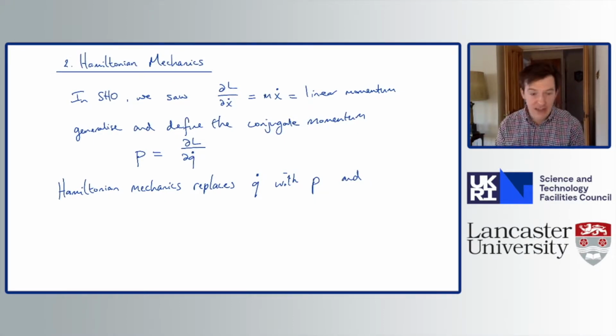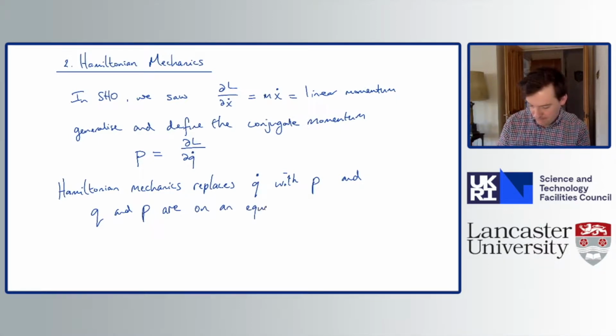Instead, we have P, and in Hamiltonian mechanics, q and P are put on an equal footing. In Lagrangian mechanics, q dot is just the time derivative of q. We see how it's related to q: you just take the derivative. In Hamiltonian mechanics, we really think of q and P as things that are put on an equal footing with each other.